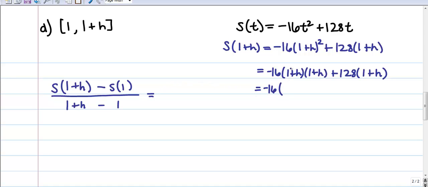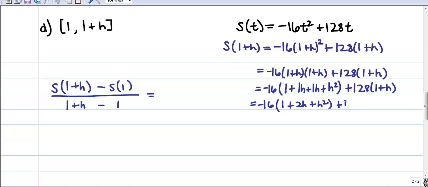I'm going to do the first, and then the outside and the inside, and what you're going to find out is the outside and the inside are always going to be the same. As you do this process numerous times, you're going to see the pattern that it's just going to double itself. And then the last one is h squared. And so when I FOIL it, I end up with 1 plus 2h plus h squared.